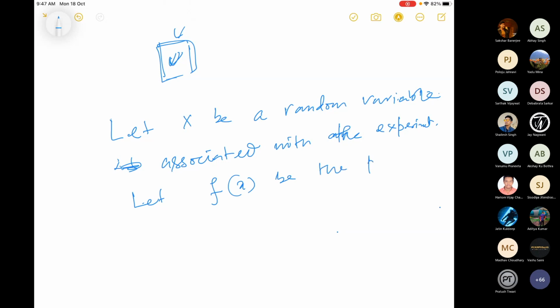Since it is random, it must have a PDF. Mathematically speaking, this is what you are starting with. Here you know only x, but you do not know what fx is.